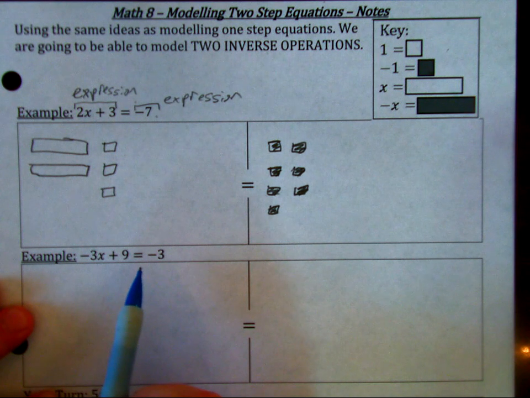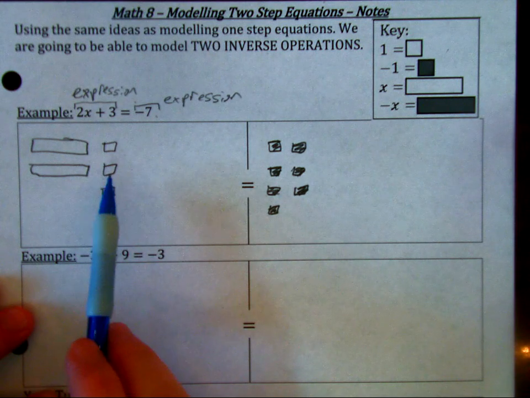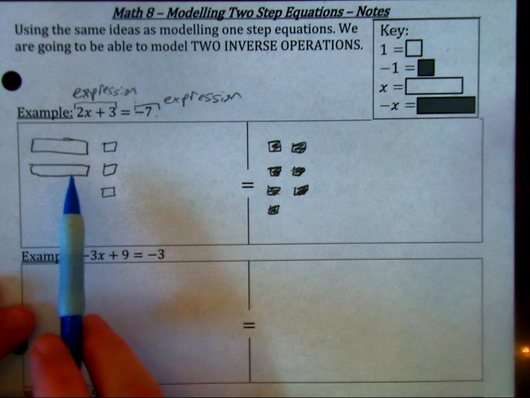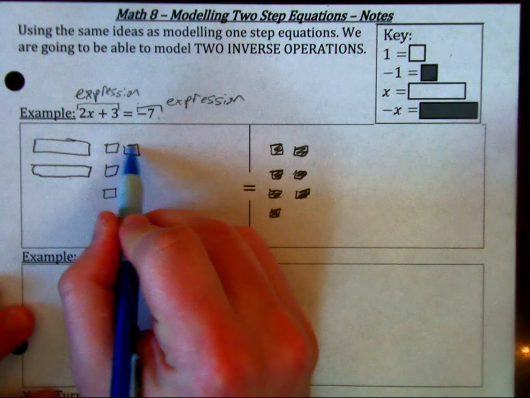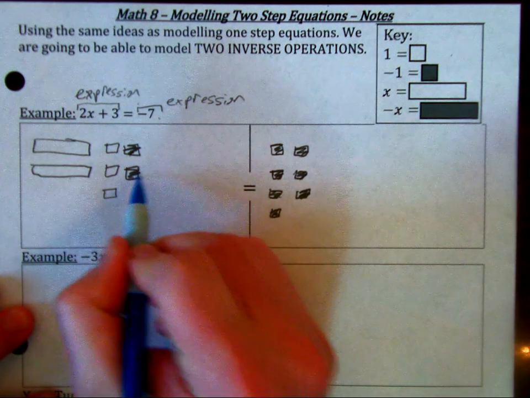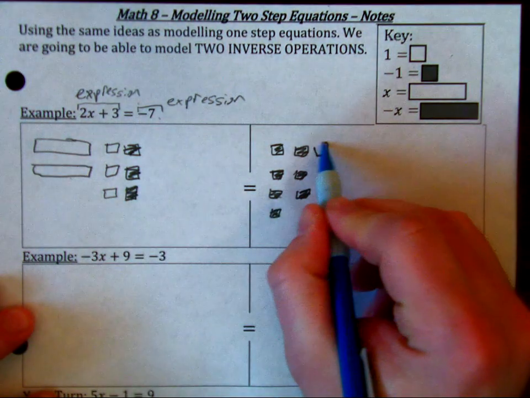So now, just like we did with one-step equations, we're going to always do the inverse operation. So how do we get these x's by itself? Well, we have to add the opposite. So we're going to add 3 negatives to both sides. Because whatever I do to one side, that's right, I have to do it to the other.